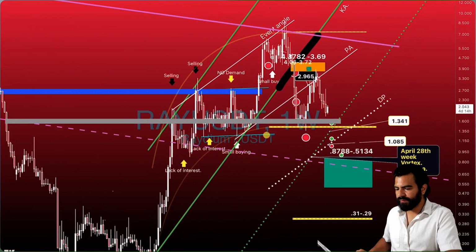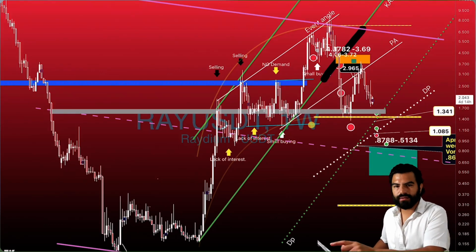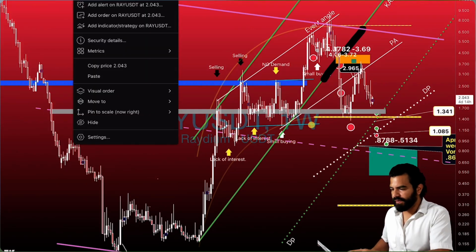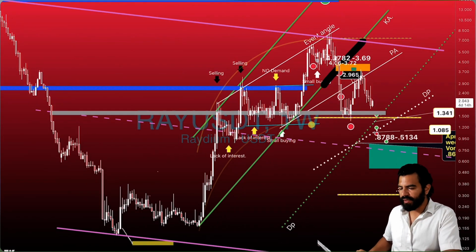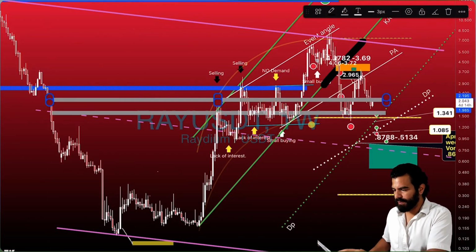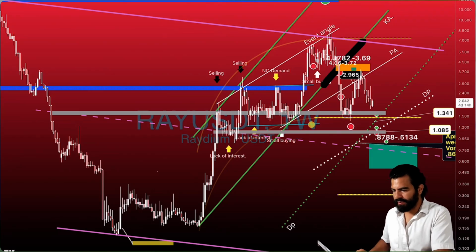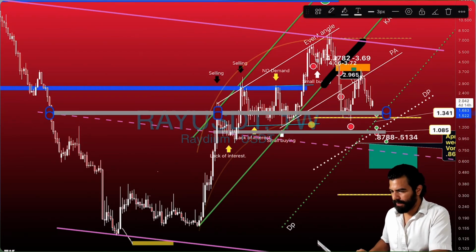All right. And price needs to come back in front. Visual order, bring to front. Okay, and then the last step up was down here. Oh, it needs to come down a little bit. Yeah, there we go.